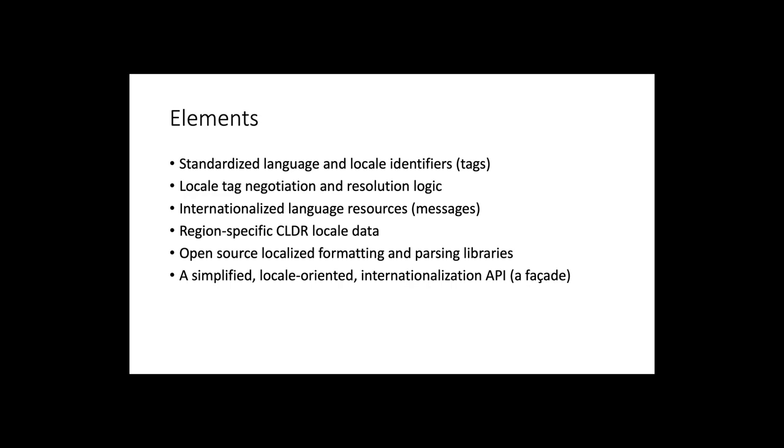This is important because once you have defined a locale hierarchy, you can then write, or even better, borrow an algorithm that filters or resolves a BCP 47 tag against a list of supported or available tags and returns the best fit or match for the specified tag given the available options.